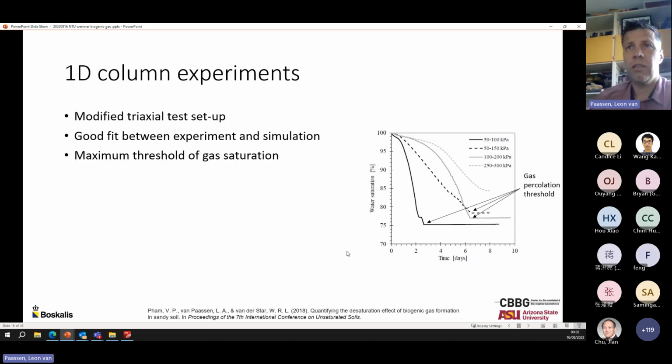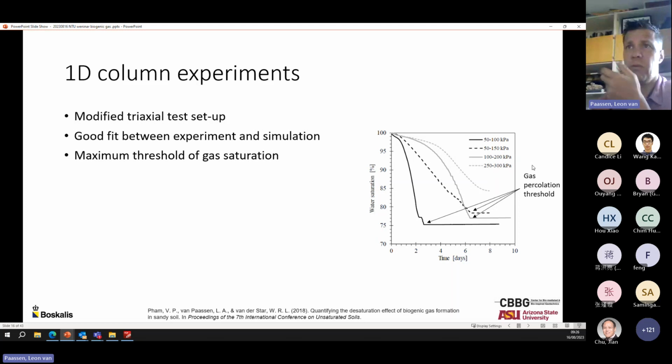One thing which was not yet in the model, which we found in most of the experiments at relatively low pressures, is that as soon as the gas saturation reaches a certain value, in this case 25% gas saturation, where the pores are filled with 25% gas and water saturation is 75%, the degree of saturation doesn't increase any further, and any additional gas would just vent out of the system.